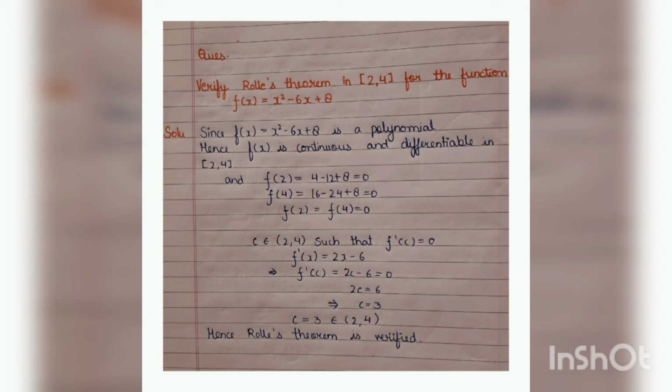Now the derivative f'(x) is equal to 2x - 6. Now f'(c) = 2c - 6 = 0, so 2c = 6, and the value of c is 3. Hence c = 3 belongs to (2, 4). Hence Rolle's theorem is satisfied and verified.